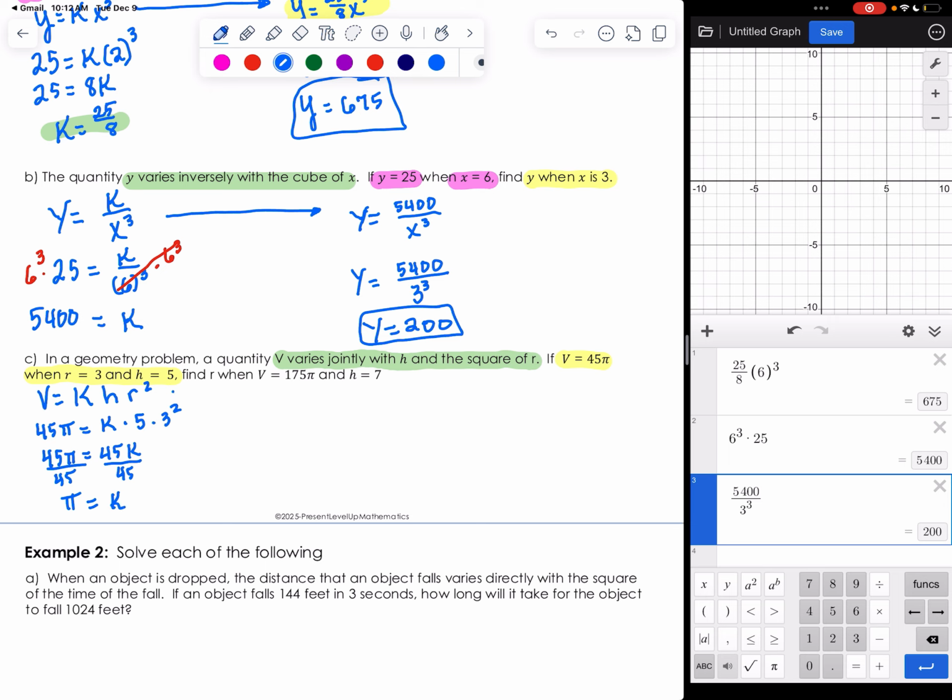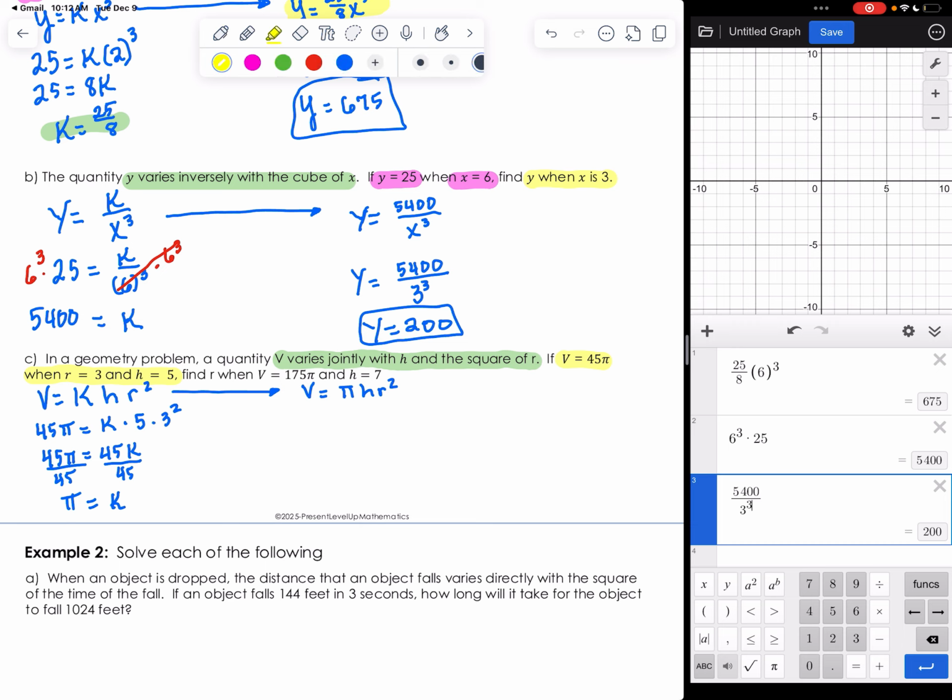So now that I know what k is, I can come over here and rewrite this formula. So instead of writing v equals k times h times r squared, I'm going to write v equals pi times h times r squared. And now I can use that formula to answer the final question. So let me get my highlighter here.